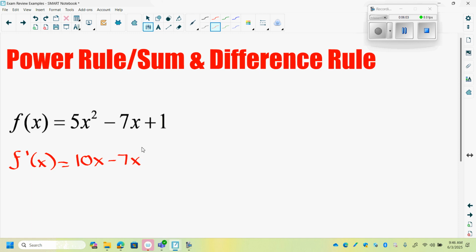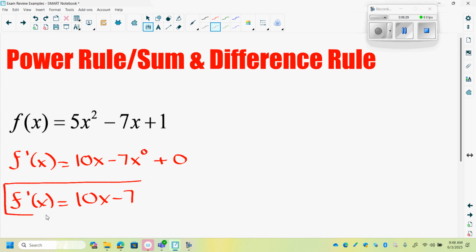X to the 1 minus 1 would be 0. You sure could. What's the derivative of a constant? 0. So instead of showing this line, you could just write 10x minus 7. That is your answer. F prime x equals 10x minus 7.